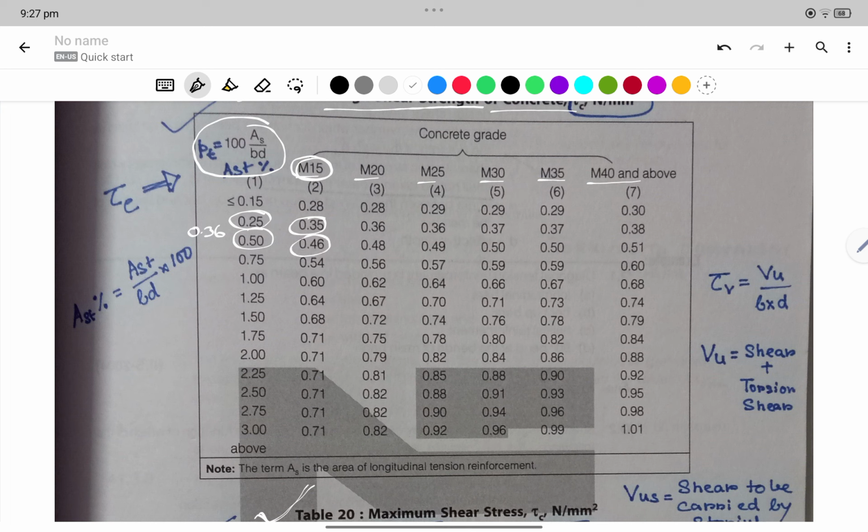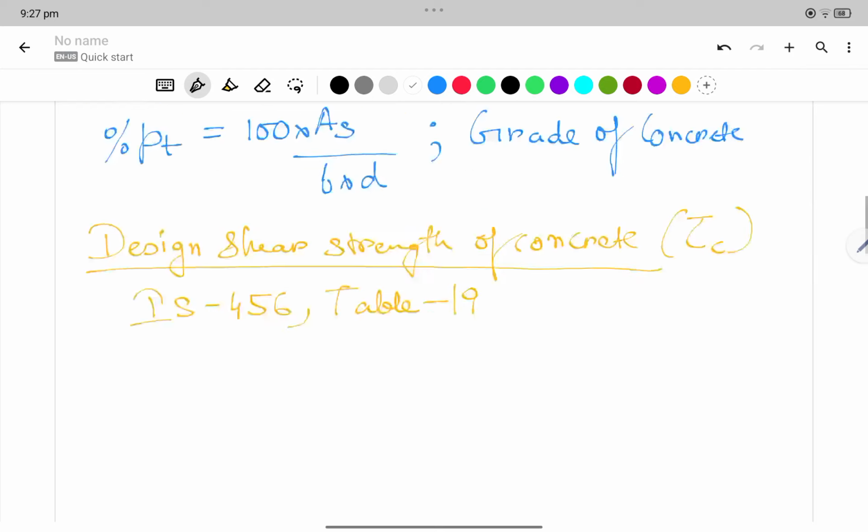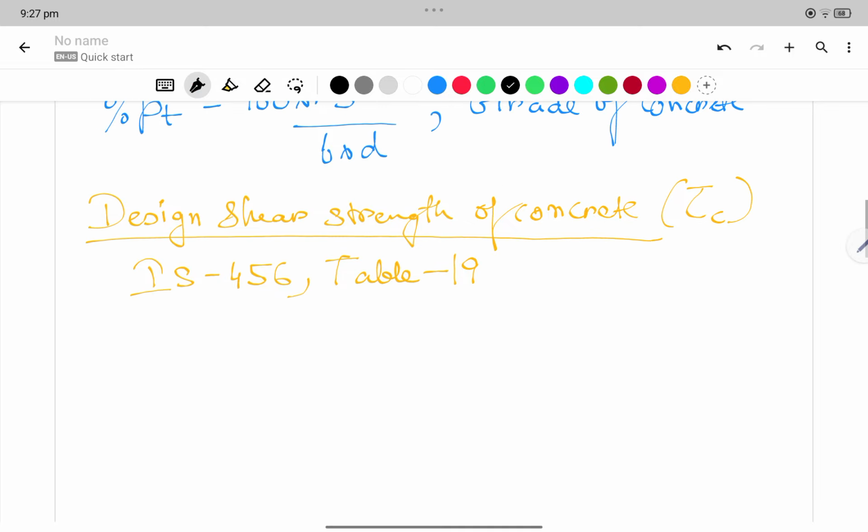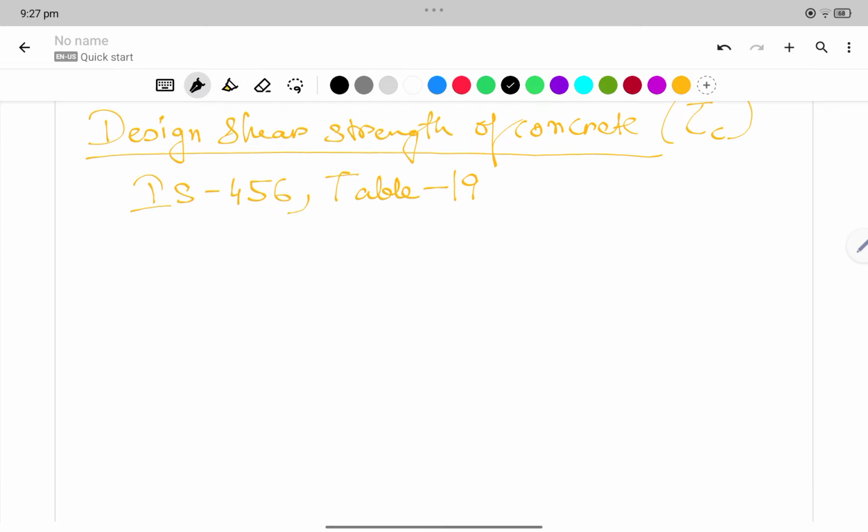So we have to do the interpolation. We have seen previously how to do the interpolation. So we do the interpolation and find out the tau c, the design shear strength of concrete. So this is step 3.